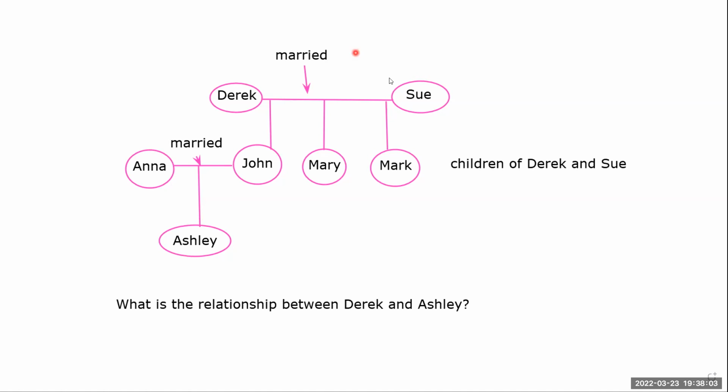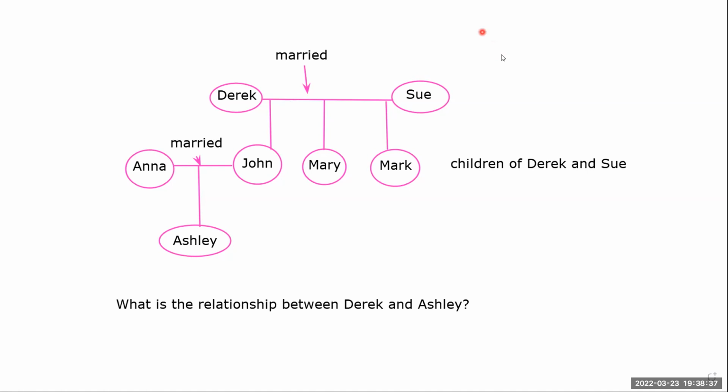Does that make sense? Yes. Yeah, because she married Sue's child. So we know that John is the son of Sue. So if the son of Sue gets married to Anna, that makes Anna Sue's daughter-in-law. So Sue will be Anna's mother-in-law.